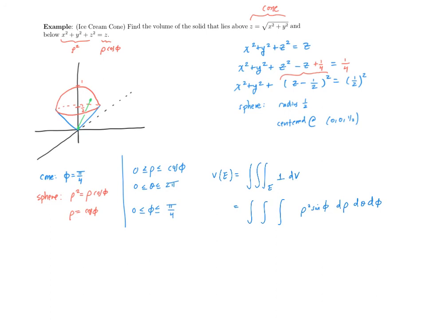So I'm going to put it in the standard ordering we've been using, d rho, d theta, d phi. Rho on the inside from 0 to cosine phi. Theta in the middle varies from 0 to 2 pi. And phi on the outside varies from 0 to pi over 4. And this triple integral represents the volume of the desired solid.